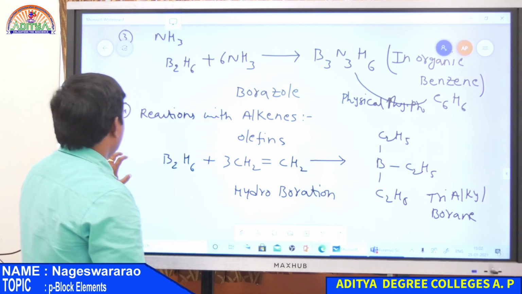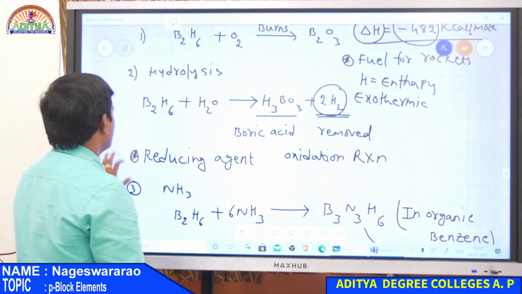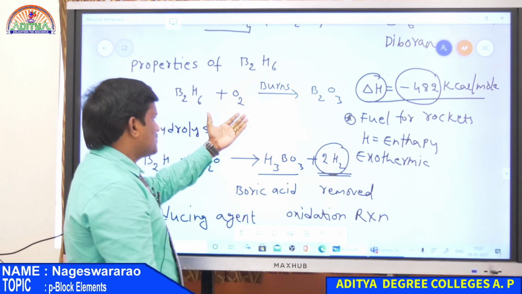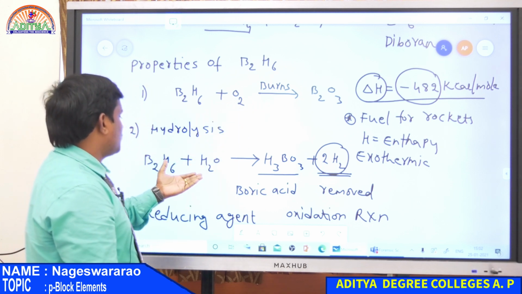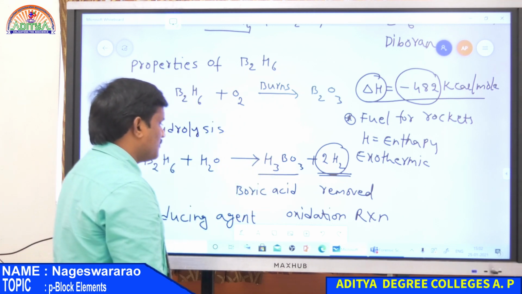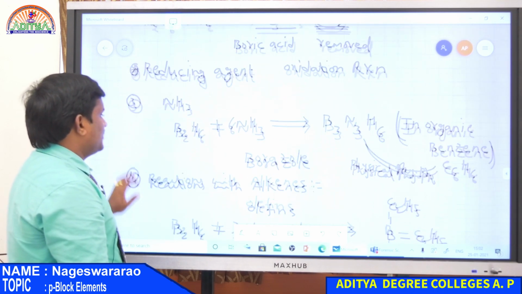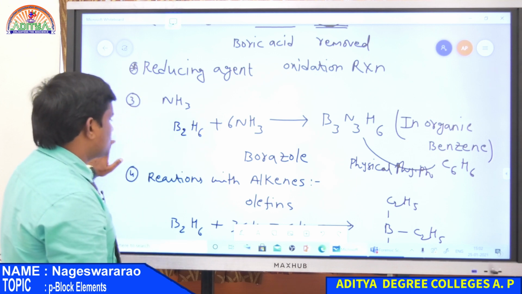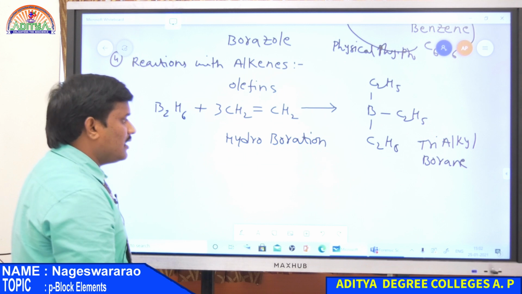So all these are the reactions of diborane. First one is burning with oxygen gives B2O3, and second one is hydrolysis of diborane gives H3BO3 along with H2, and third one is reaction with NH3, it gives borazole, and fourth one is reaction with alkenes, it gives trialkyl borane.